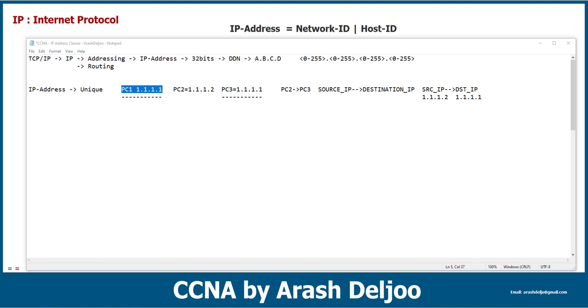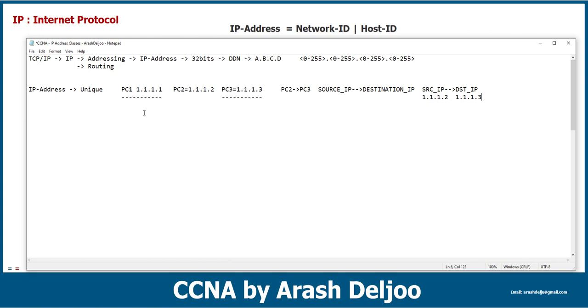Because of that, it is one of the most important criteria of the IP address that it should be unique. For example, for PC3, we use 1.1.1.3. Because of that, you can send traffic from PC2 to PC3 with the source IP of 1.1.1.2 to the destination IP of 1.1.1.3. Uniqueness is so important, as it is one of the most important criteria of the IP address.